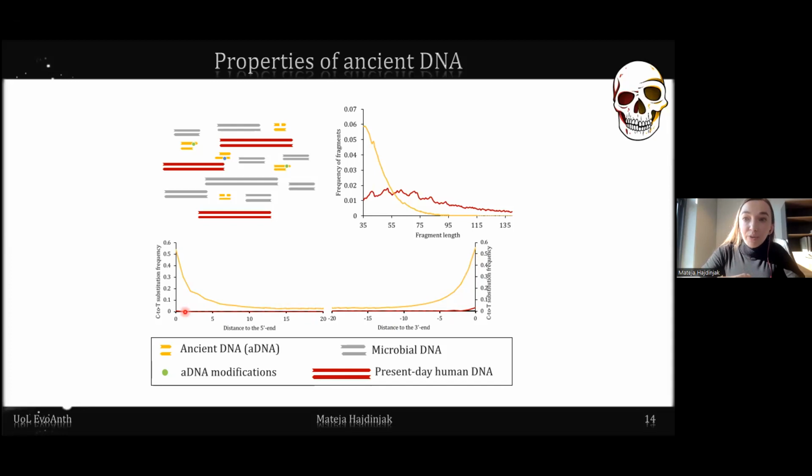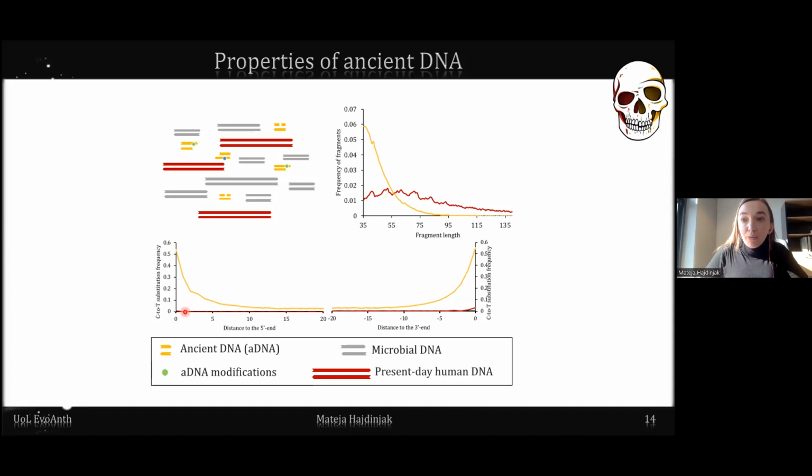So you can use these modifications to enrich for your endogenous DNA, either in silico on the computer, to differentiate between the ancient DNA from your specimen and the more recent contaminant, or directly in the lab. So you can actually enrich or fish out the molecules that have these uracil bases in the lab, and in that way try to reduce the levels of present-day contamination.